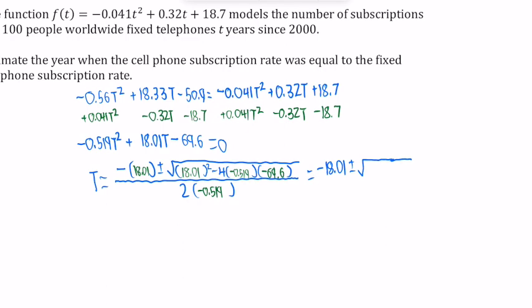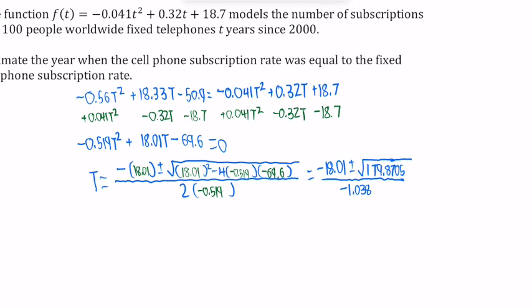Under that square root, I have 179.8705. And on the bottom, 2 times negative 0.519, we have negative 1.038.